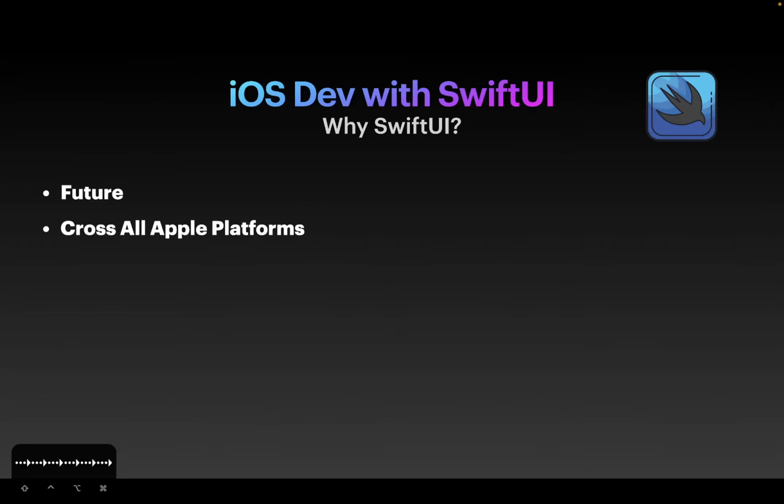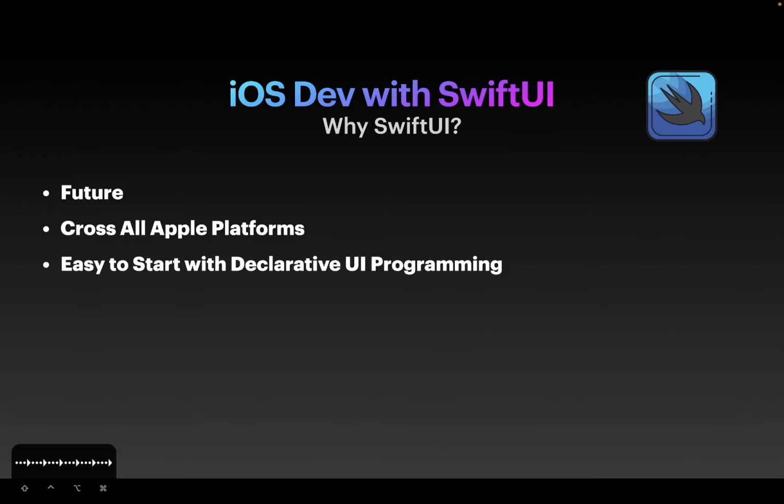Also, Swift UI works across all Apple's platforms. Even though the entire class is going to mainly focus on building iOS apps, as long as you know how to do user interface in Swift UI, you can do lots of stuff on other platforms like tvOS, watchOS, and also macOS.